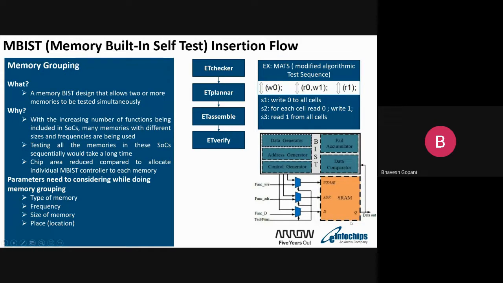So here is a simple diagram. This is one of the memories, and this is the BIST logic. Here we have the FSM controller. It will generate the data, address and control bits to feed to the memory, and accordingly whatever the outputs are, they are compared here, and the output of this comparison again goes to the TAP controller, and from the TAP output we will measure the final result on the ATE.